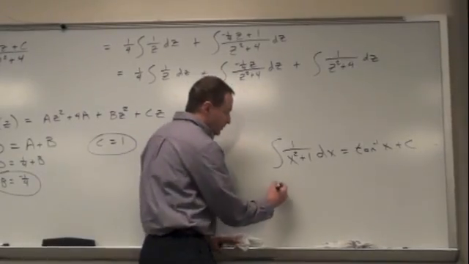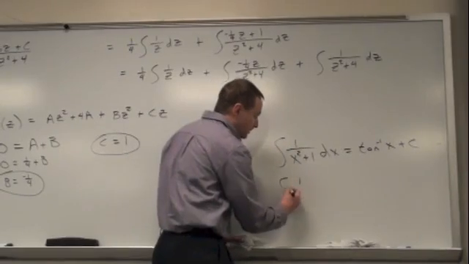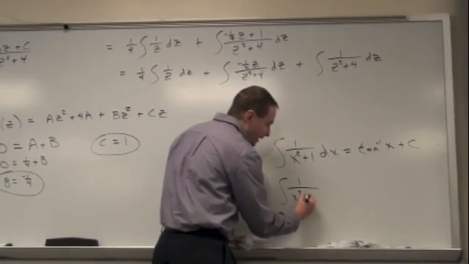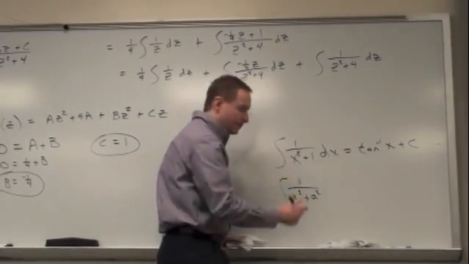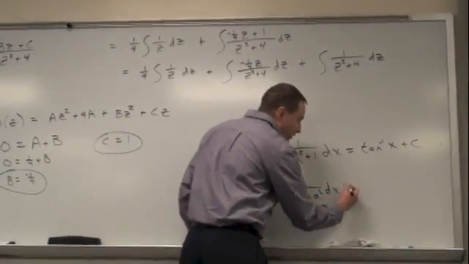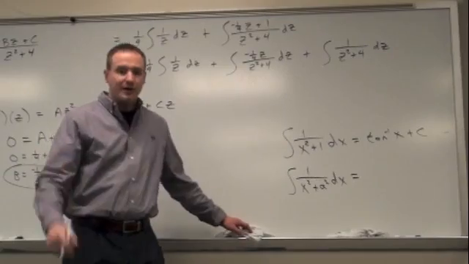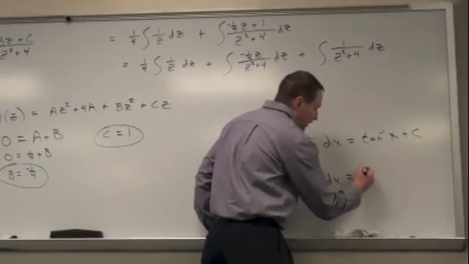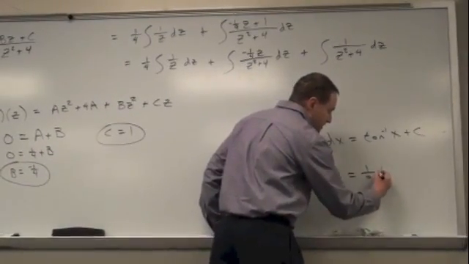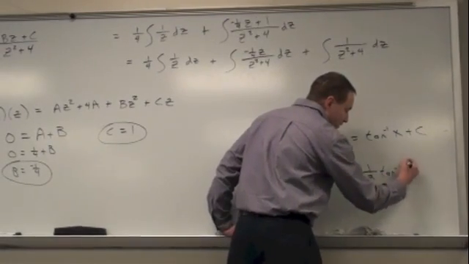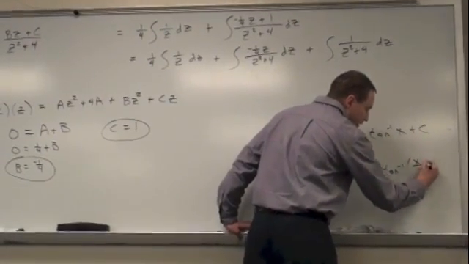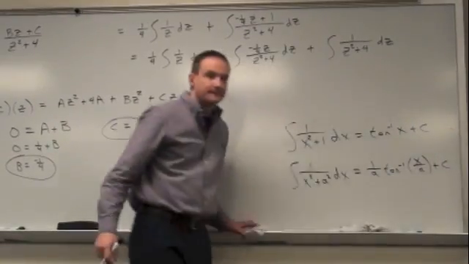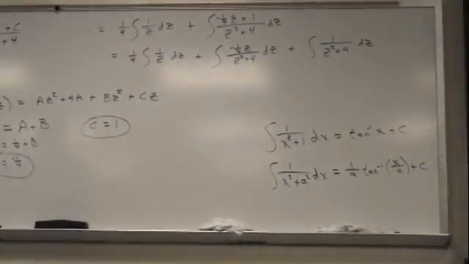Yes, it is a formula in your book, but I say it's a pretty easy formula to memorize. If you have 1 over x squared plus a squared, or a squared plus x squared, all you do is you say, well, your answer is going to be 1 over a times the inverse tangent of x over a. That's it.